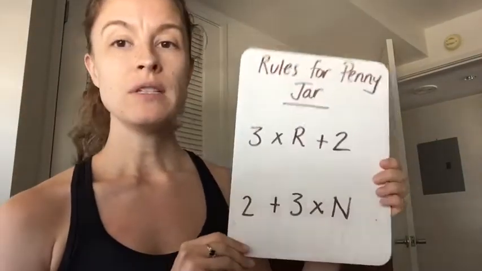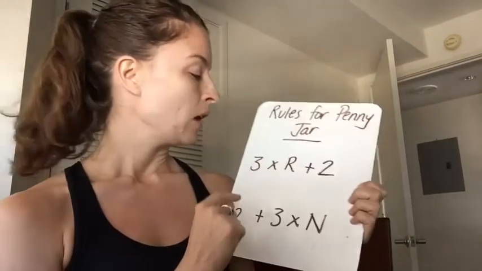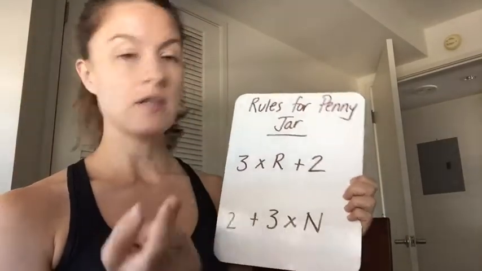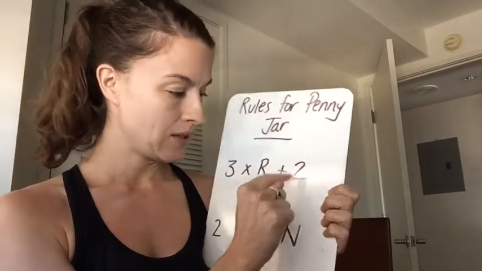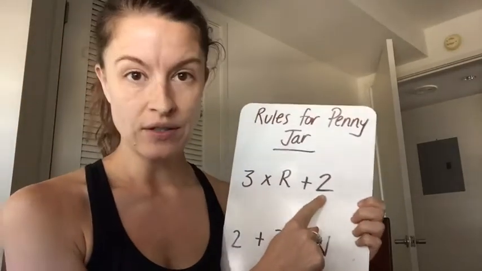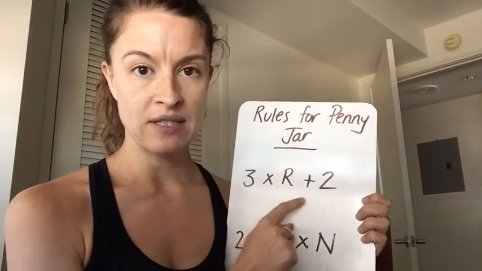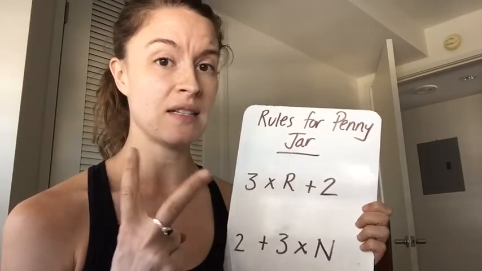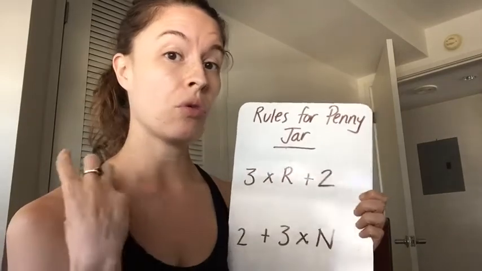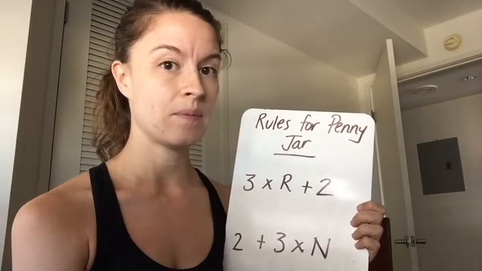We've talked about this a little bit earlier this year. So if you look right now, I have 2 different examples, okay? So first I had the R, so I did 3 times R plus 2. So think to yourself, what could each part represent from that equation I just talked about? Starting with 2 pastas or pennies, adding 3 each round.